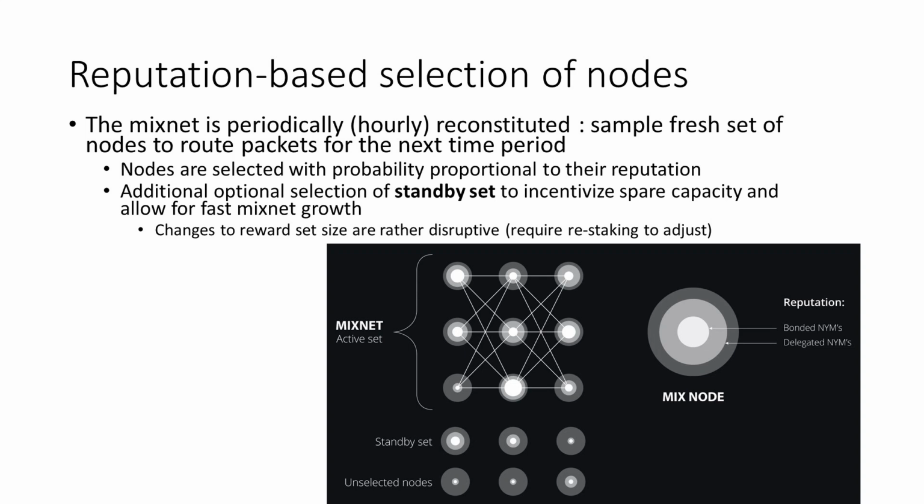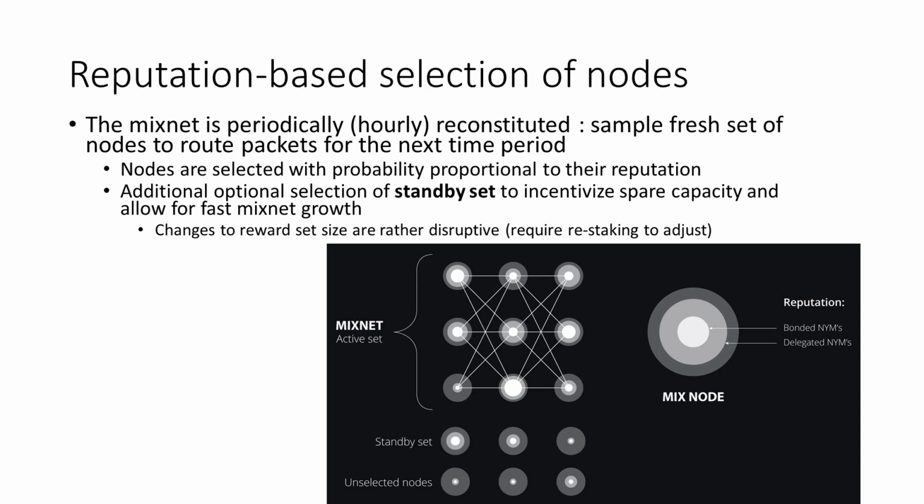But for now, we only need 240 in the system. So you would say, okay, 240 active, the other 260 are in reserve. That means that without any changes to the staking of the system, I can very quickly go from 240 to 500 in the network, and I can grow the capacity of the network without having to modify the staking. So this is what this is there for.